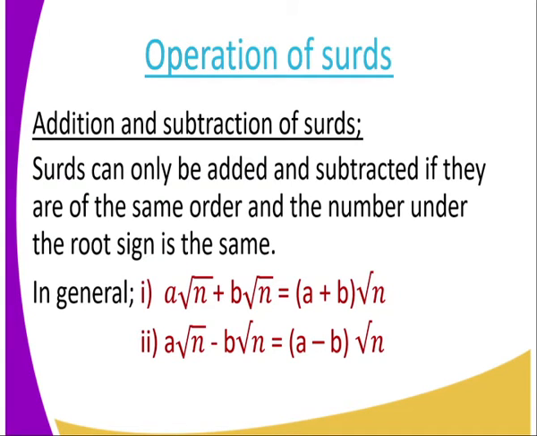Only the order must be the same and the number in the root must also be the same. We have the examples there. If we have a number outside, we put them in brackets, and then from there we can operate them.